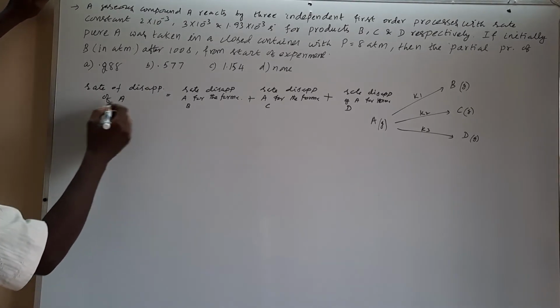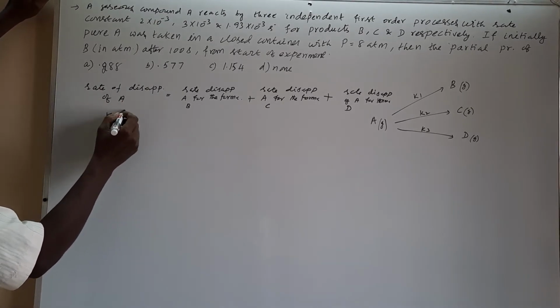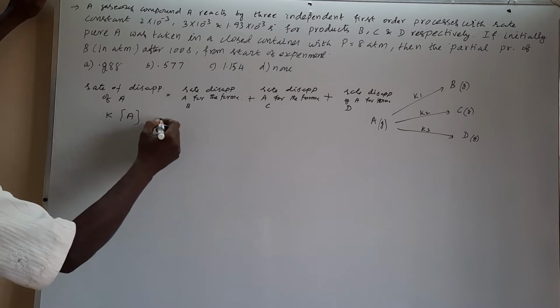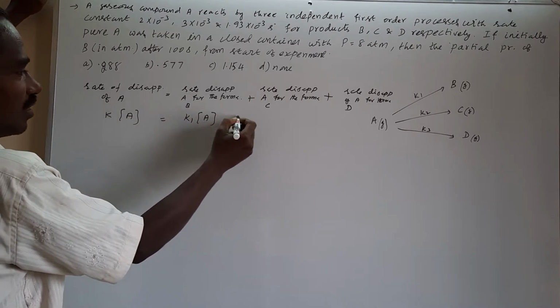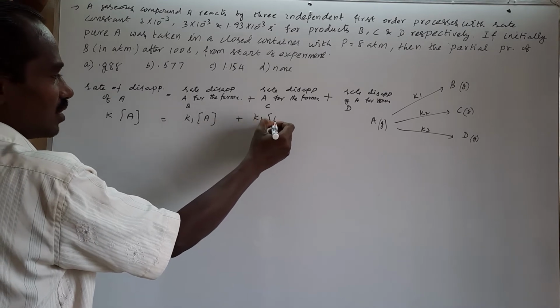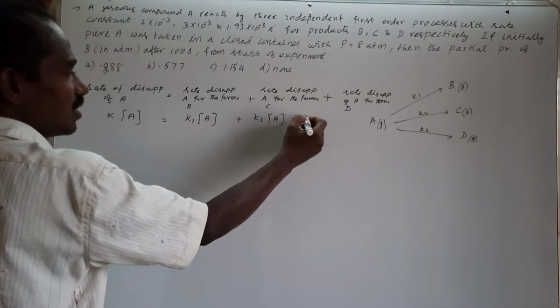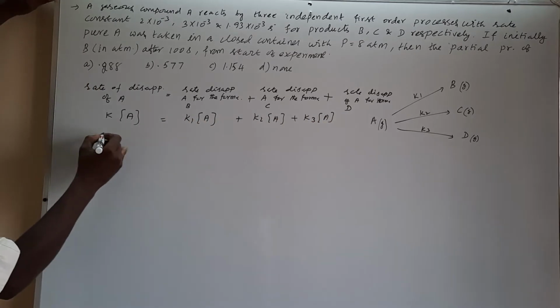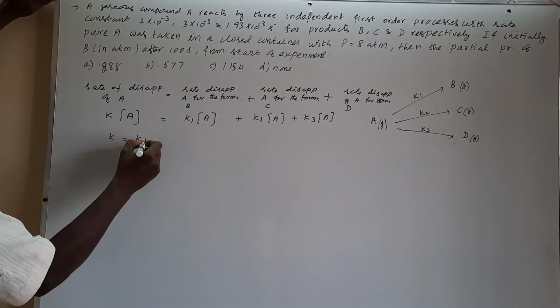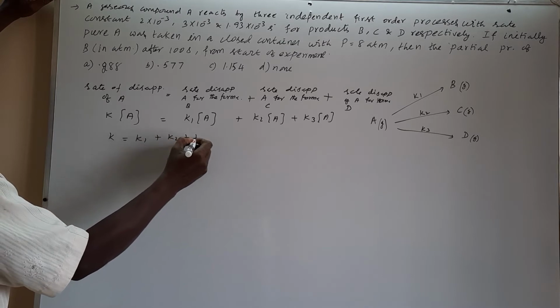So the rate of disappearance of A we can say is K into the concentration of A. For this we can say K1 into the concentration of A, for this K2 into the concentration of A, for this K3 into the concentration of A. On cancelling the concentration of A we get K equals K1 plus K2 plus K3.